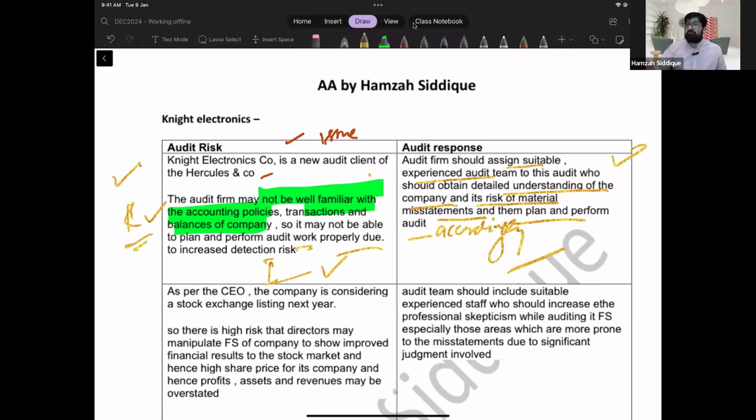But then you have to explain the audit risk, the same audit risk. A student has asked a very good question: can we write as the audit response here that we perform detailed substantive testing on the opening balances of the company?